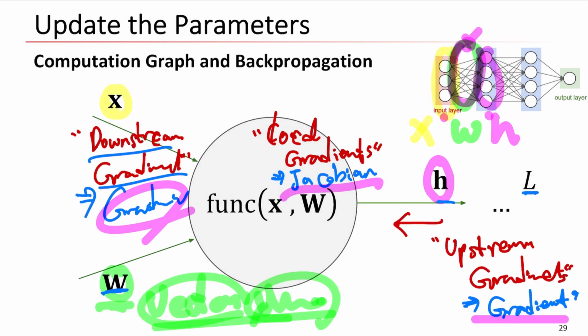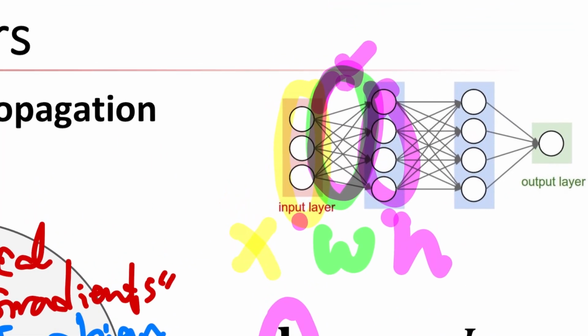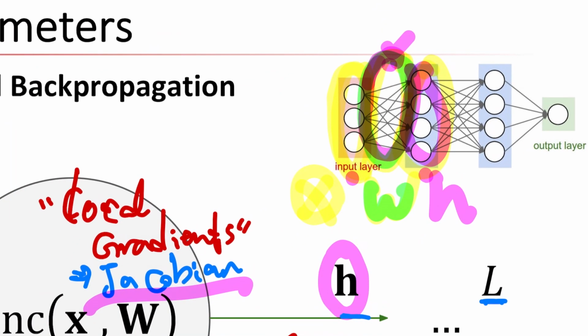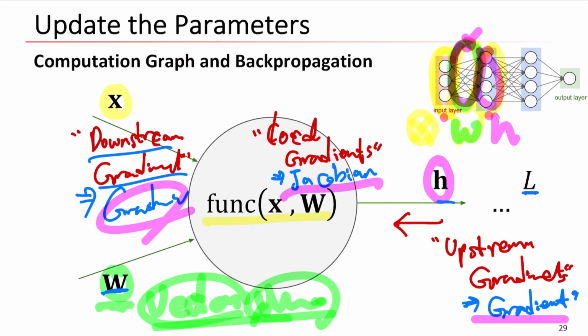If we just think about one layer, the input of this layer is x, and the network parameter w here, and the output is h. Then the upstream gradient is the gradient of the loss L in terms of h, right?